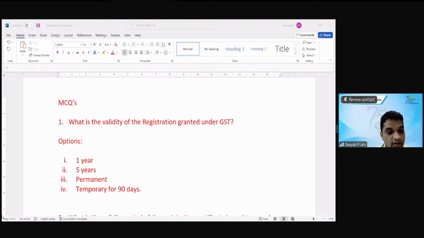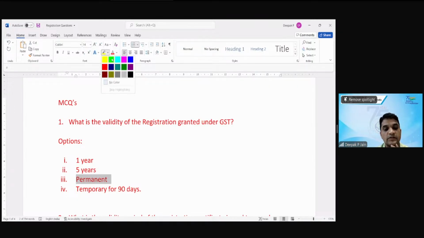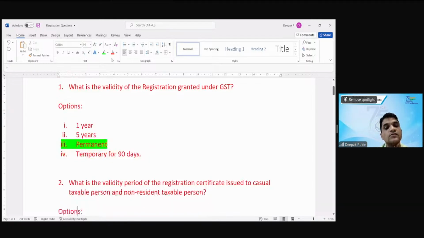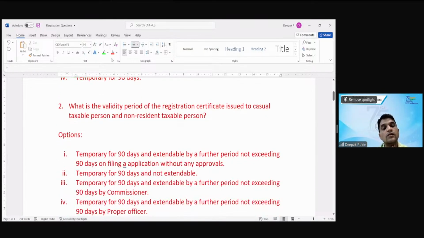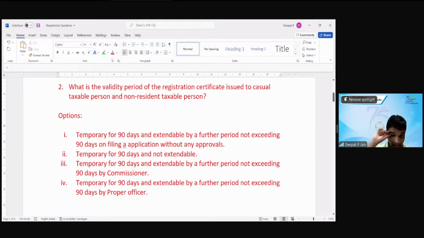The registration is permanent, not a temporary one. This is the correct answer. Second, what is the validity period of registration certificate issued to a casual taxable person and non-resident taxable person?